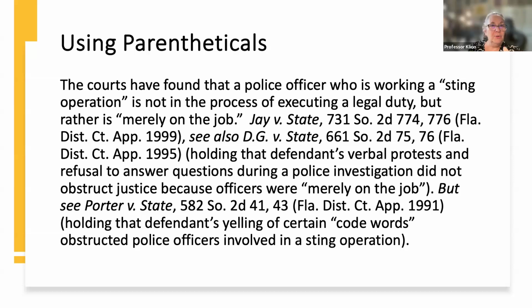So you know that if they're doing something that could make other people run away, you may be obstructing a police officer's involvement as opposed to a police officer merely being on the job. So they help to bring out the more positive cases and they explain cases that the other side may be using. And you've already distinguished that case to show why that is not applicable to your general proposition.